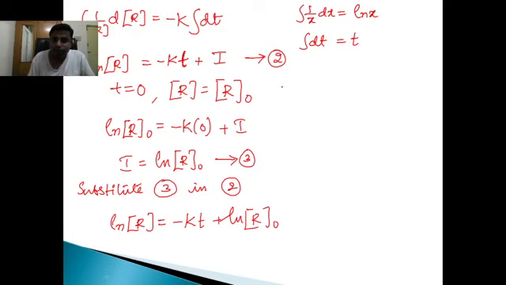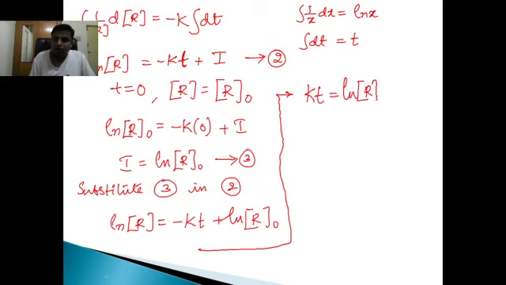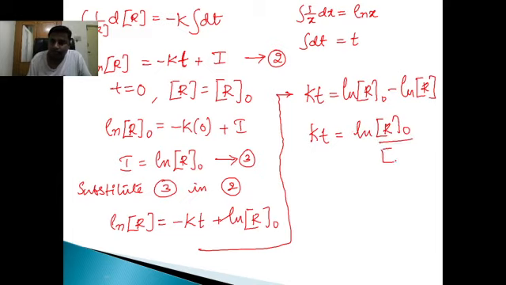So kt will become plus kt, equal to ln R naught. If I send ln R to this side, it becomes minus ln R. ln means natural logarithm, that is log to base e. So ln m minus ln n is ln m by n.